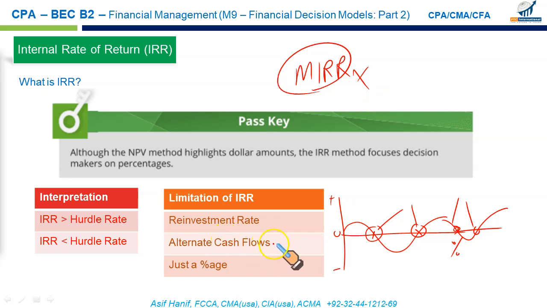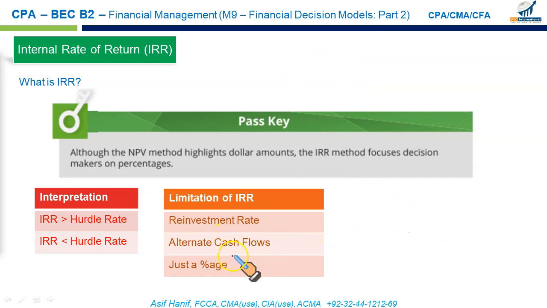So, when the cash flows are unconventional, you will have the multiple IRR problem. And one other limitation of IRR is that it is just a percentage return. It doesn't give you the actual dollar impact of the investment, whereas we need the dollar impact of the project. That is the reason NPV is considered to be the most superior method of investment evaluation.